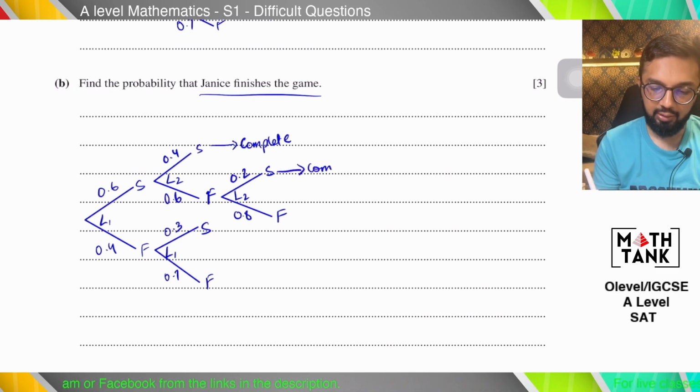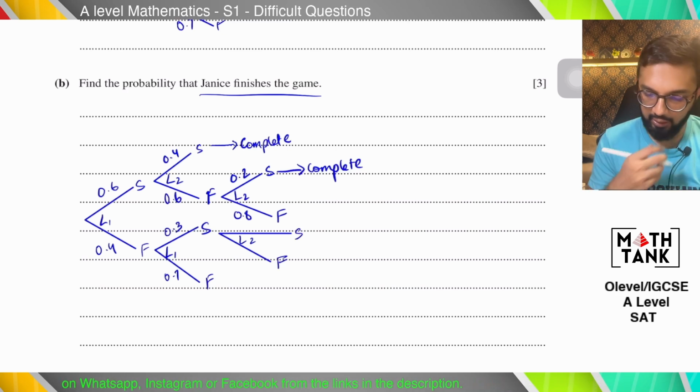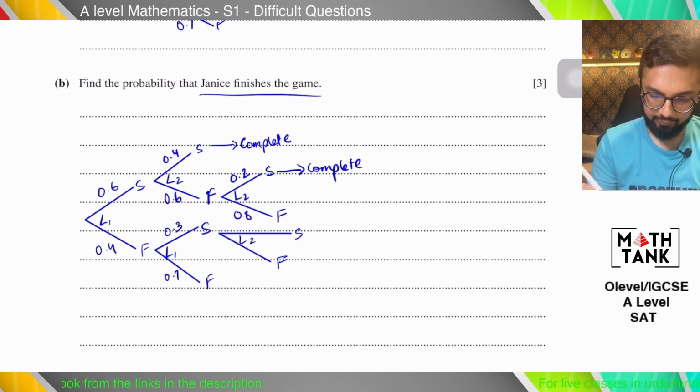Complete and not complete. Success in level 1 takes me to level 2. This is level 2. In her first attempt on level 2, she can do 0.4 and 0.6.